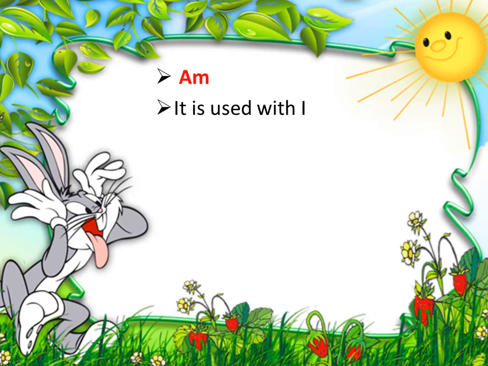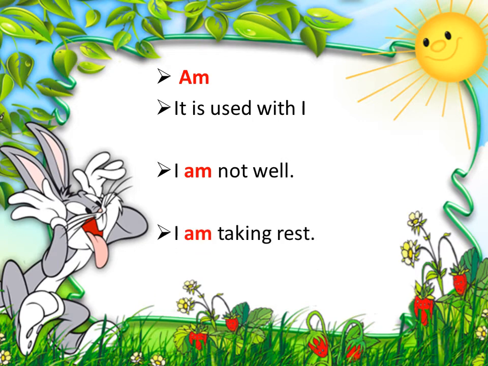I am free. ठीक है? So example, I am not well. So here I want to tell my present time condition. Present time right now. मैं कैसा feel कर रही हूँ? I am not well. I am taking rest.